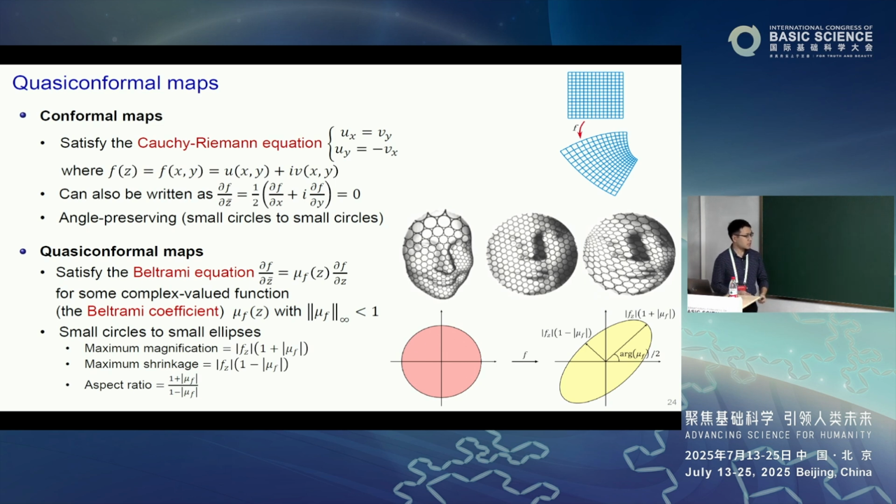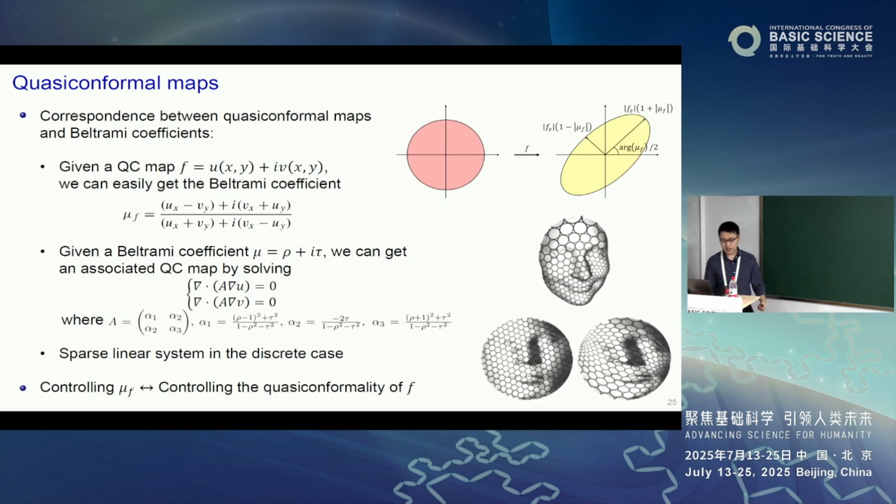So the Beltrami coefficient is one complex-valued function that can help us represent the quasi-conformality of a mapping. That's why we put this Beltrami coefficient as one of the quasi-conformal terms in the variational model. And then we also put the gradient of that as a smoothness term.